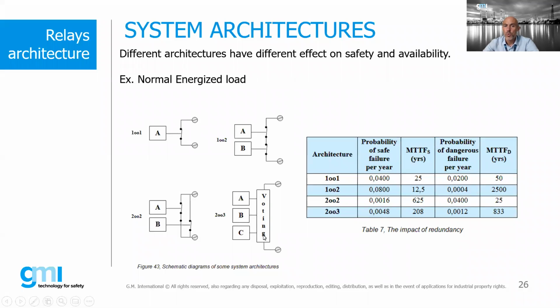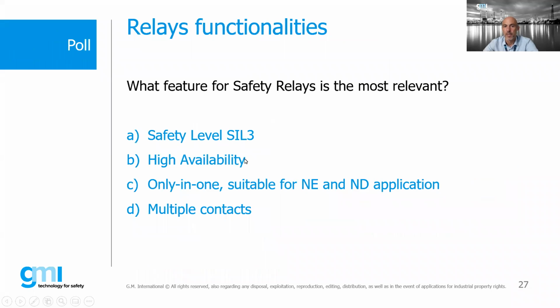If I'm using 2 out of 3, I have the voting system, so 2 relays have to say the same thing to perform the function, to be okay. Here, with respect to the 1 out of 2, availability increases a lot, but my safety is not as good as in that configuration.